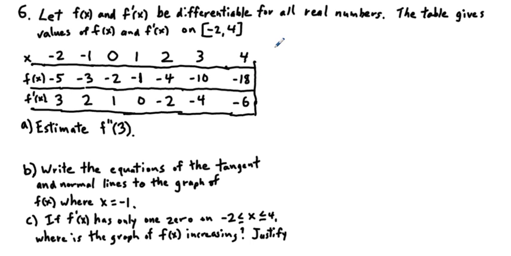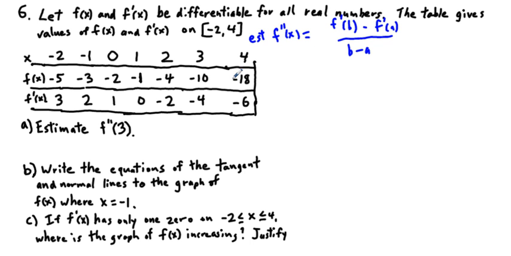So to estimate f prime of x, we're going to use f of b minus f of a over b minus a, the slope. So the estimate of f double prime of x equals f prime of b minus f prime of a all over b minus a.